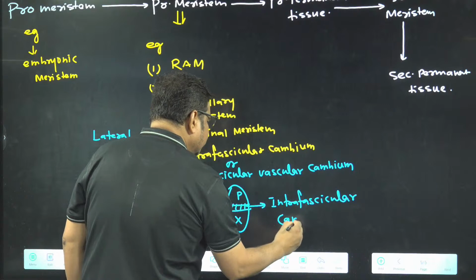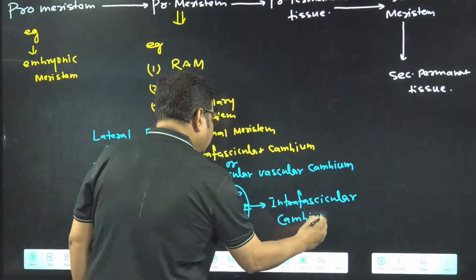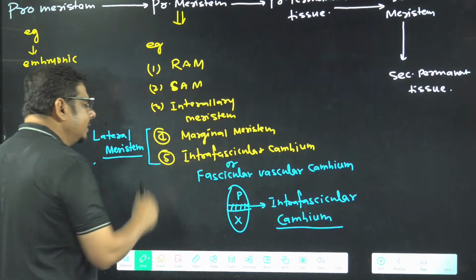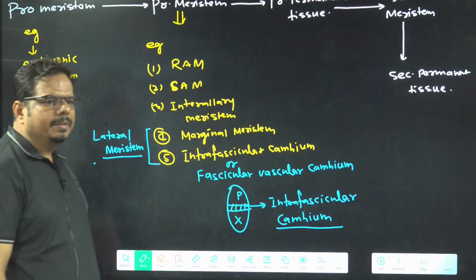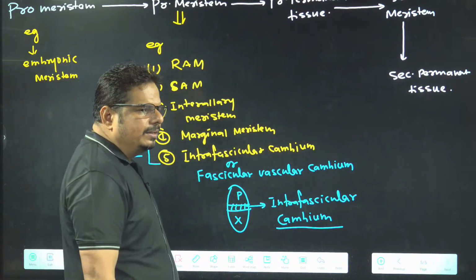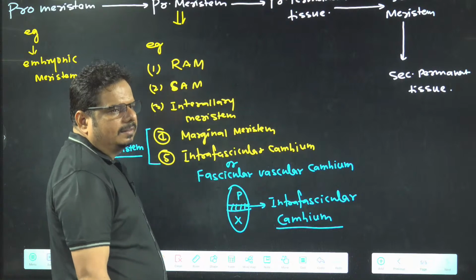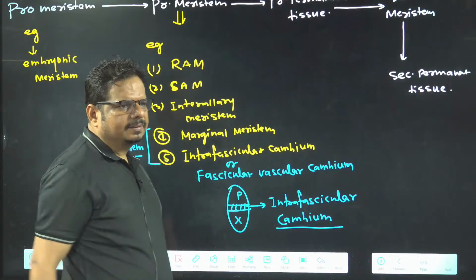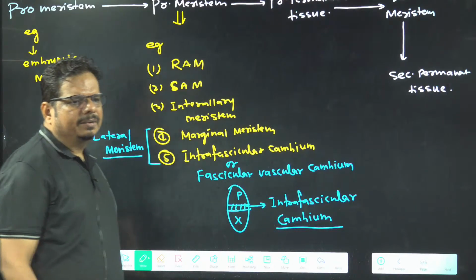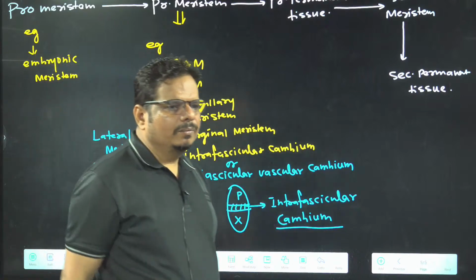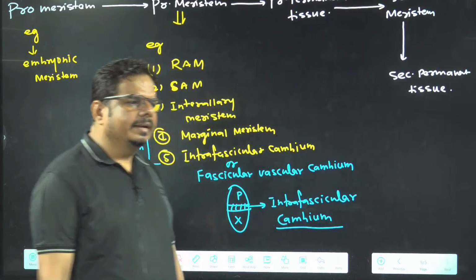Intrafascicular cambium is present. So what is intrafascicular cambium? Another name of fascicular vascular cambium. You got the idea? Between xylem and phloem of a vascular bundle. Is it clear?